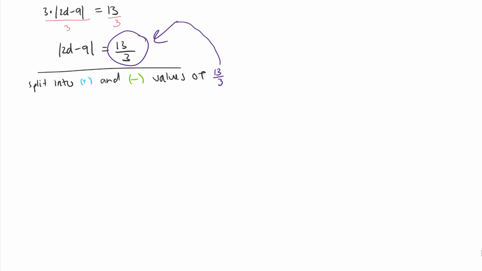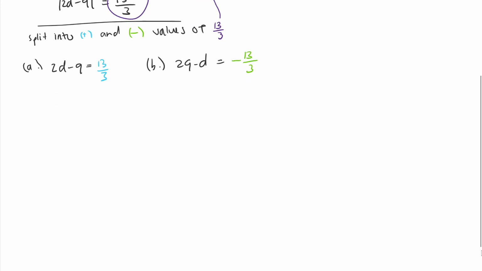Okay, so now if I say my part A, I'm going to have 2d minus 9 is equal to my 13 over 3. I'm going to go ahead and color code it, so it's 13 over 3. Then your part B equation is going to have 2d minus 9 is equal to your negative 13 over 3. So now you want to add 9 to both sides.